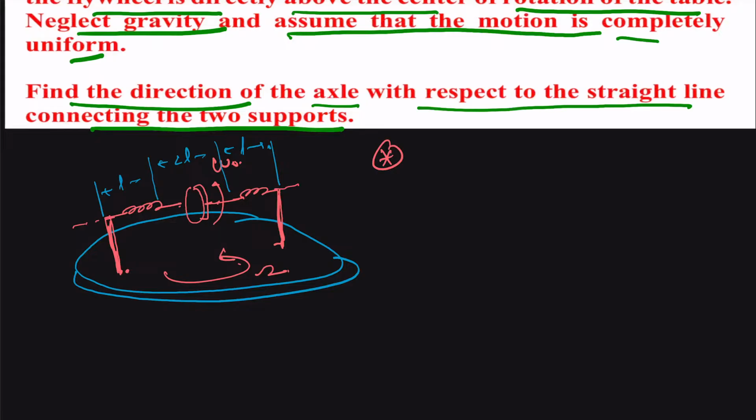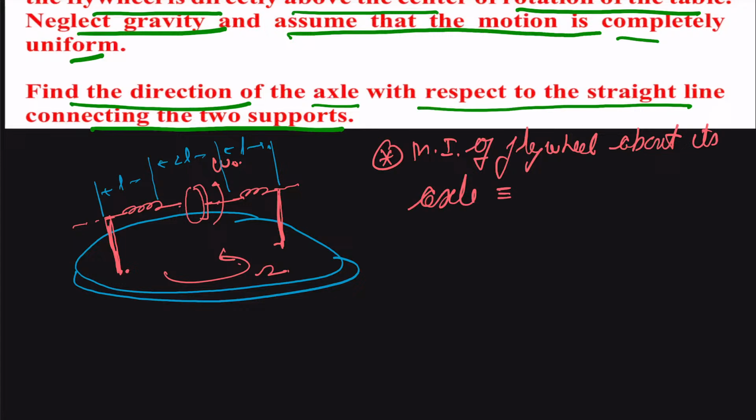So we can say moment of inertia of the flywheel about its axle, let us call this I naught, and the axle length is given to us as 2L.